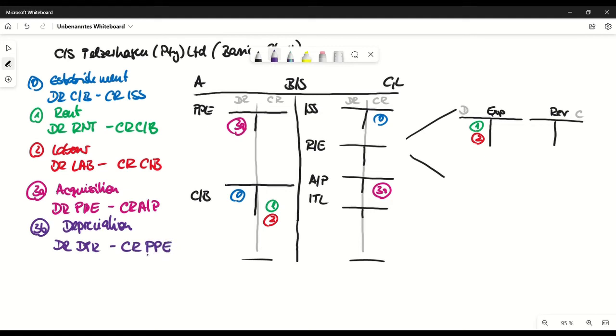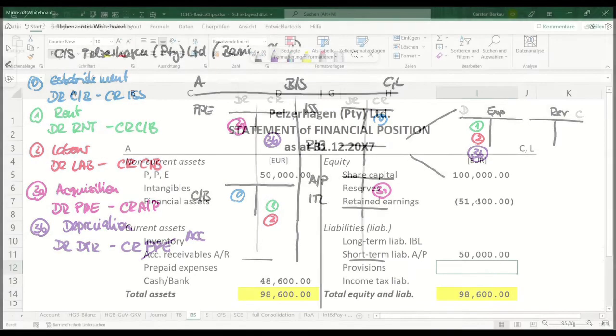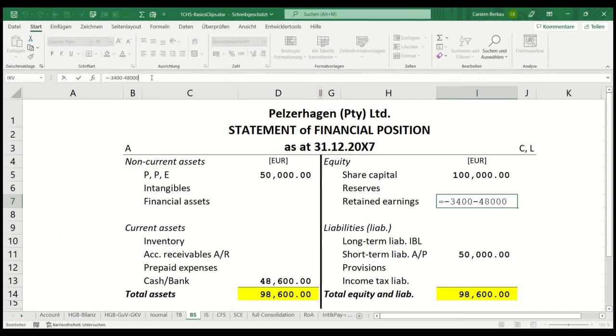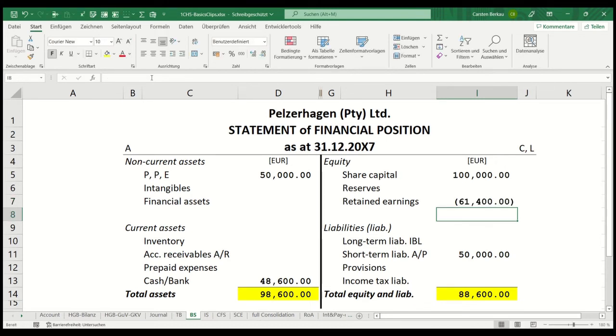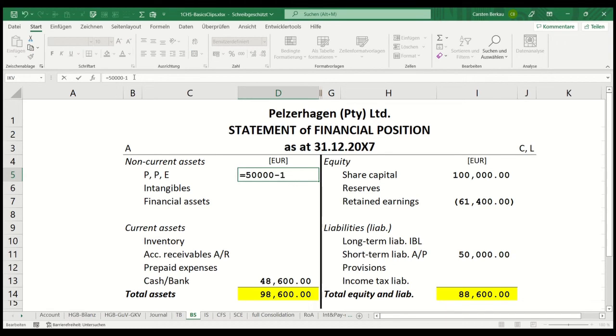Later, we will replace that credit entry by the accumulated depreciation account. I make a bookkeeping entry on the debit side for the expense and on the credit side in property, plant and equipment. Depreciation is an expense. We record negative 10,000 because it is a debit entry, and we reduce property, plant and equipment.